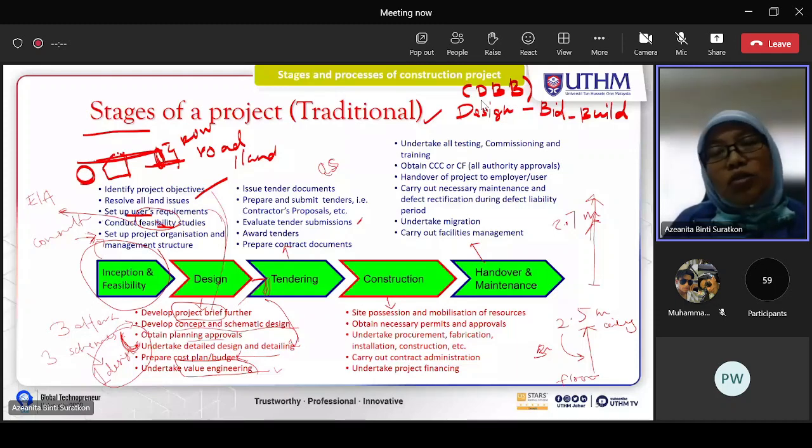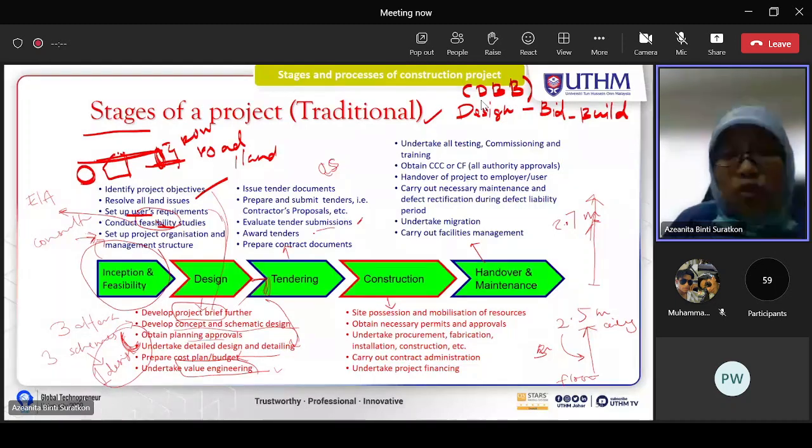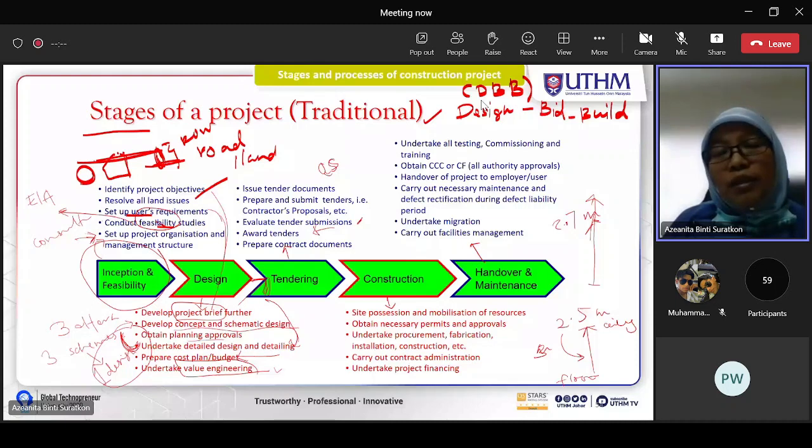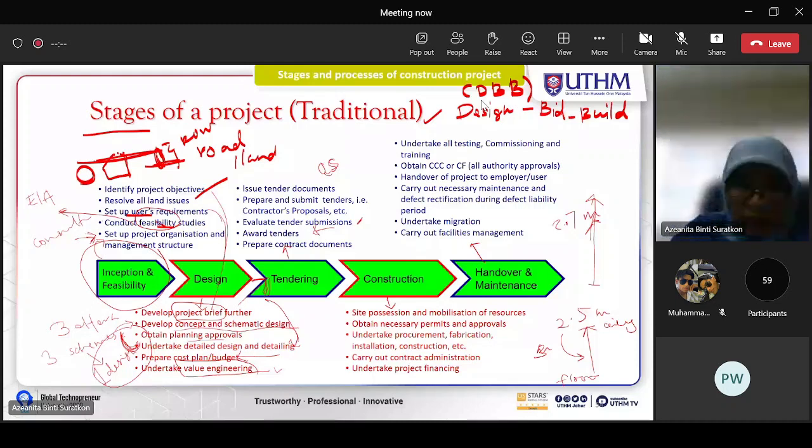So that is the normal procedure. Finally they will award the tender to a contractor, and the next stage is to prepare the contract document to bind the relationship between the client and the contractor.